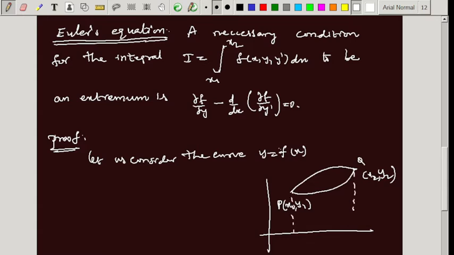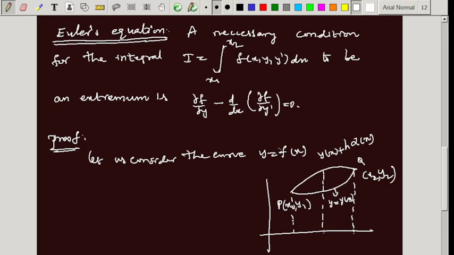There is an increment in the curve from this point, so we express that this is the curve y equal to y of x or f of x, and this one is nothing but y equal to y of x plus h into alpha of x.